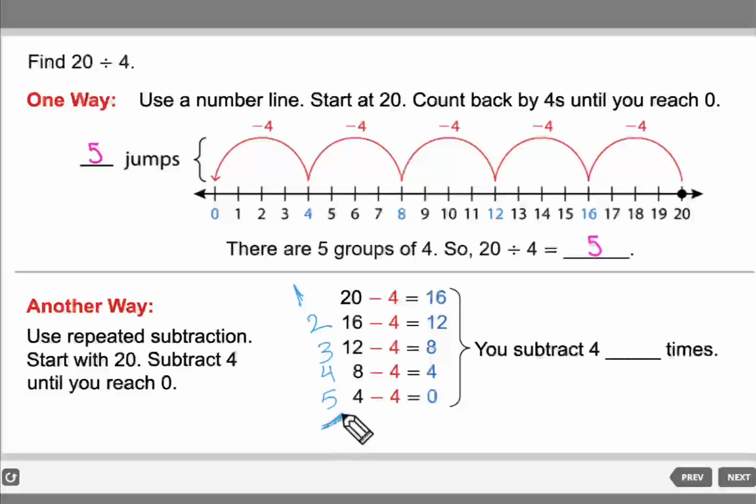So we subtracted 4 5 times. And 20 divided by 4 equals 5.